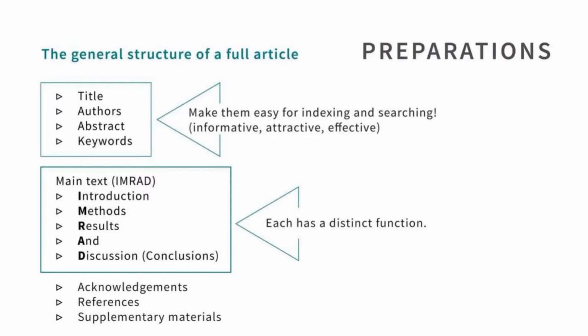So if you want to be found by other international colleagues, if you want people to be able to find and download your excellent academic work, you need an effective title. You need a well-written abstract, and you need some keywords that will make your paper easier to index and easier to search. We'll talk about that in a minute, but above all, the most important thing to keep in mind is that you have to write.